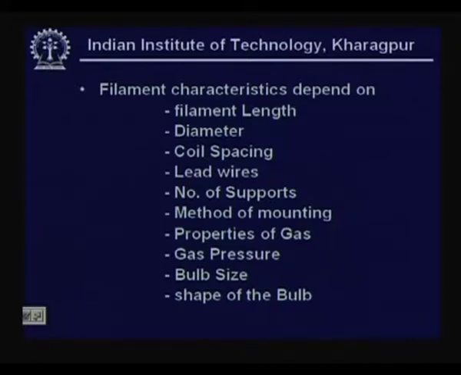That depends on the length of the filament and the diameter. Since coils are involved, the coil spacing, the kind of lead wires, the kind and number of supports, and the method of mounting. There is no doubt the number of supports and method of mounting only affect the mechanical stability. Then the properties of gases, gas pressure, size of the bulb and shape of the bulb.